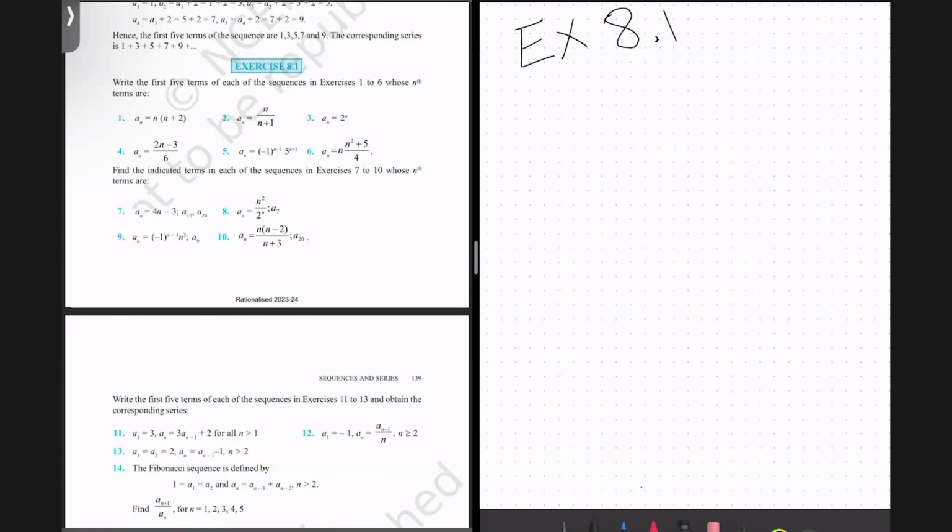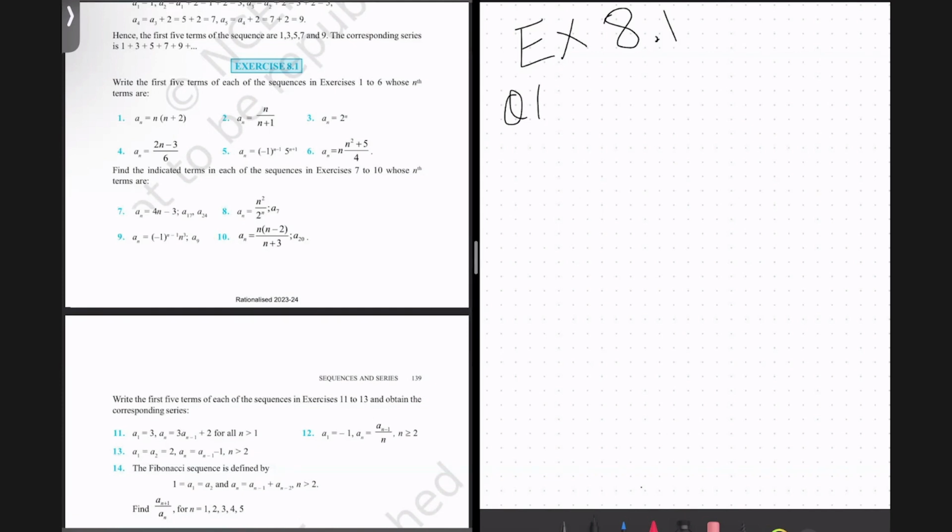As we had previously discussed, any sequence which describes a series of numbers would be described by a particular rule. The first 6 questions have one rule attached to them. When you plug numbers into this rule, you get a series of numbers, and that is what is asked of us, right?